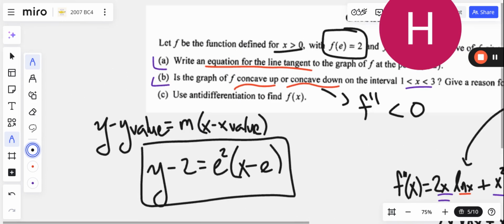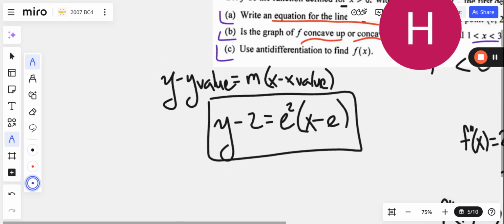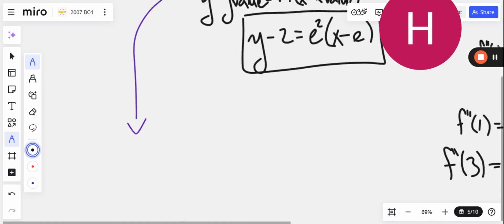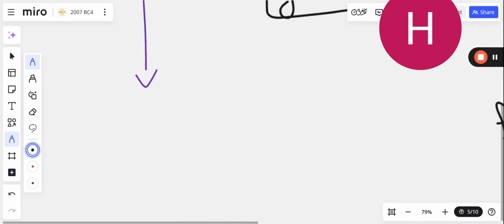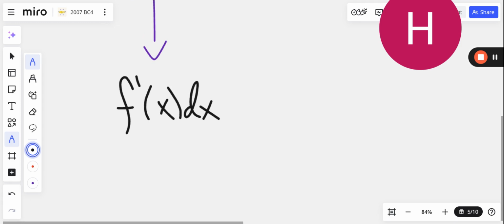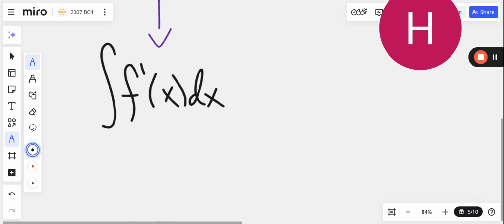Okay, part C is where we have to use Calc BC with Calc 2 technique, which is integration by parts. This is basically the product rule for integrals, if you want to think of it like that. What do we have here? We want to use the antiderivative of f prime, and using the fundamental theorem of calculus, that means we're going to have f of x plus c.